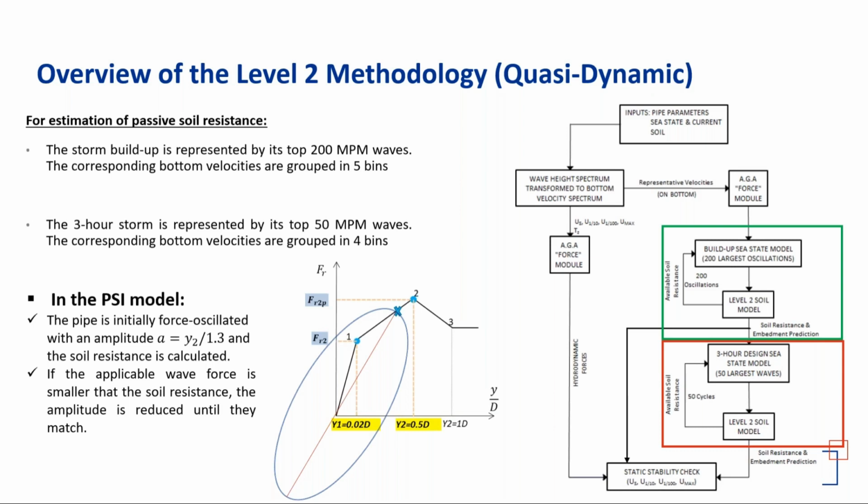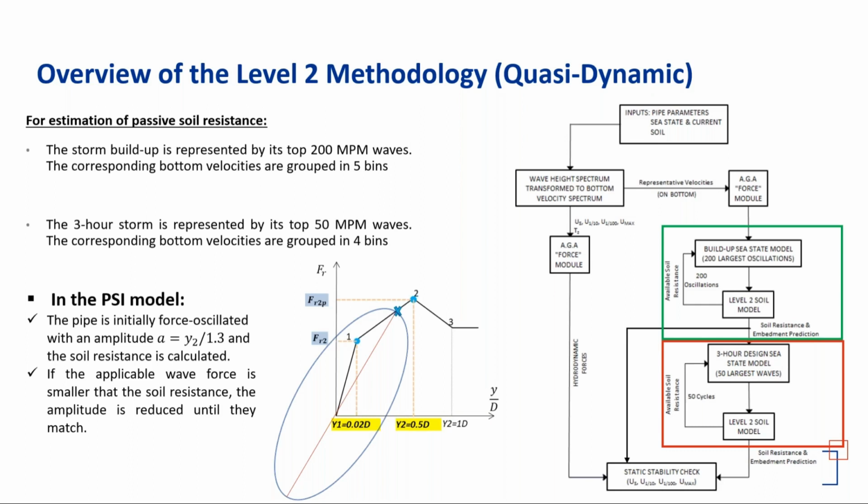At the end of 4 hours, which is done in the green box, the soil resistance and embedment is recorded, and at the end of 3 hours also recorded, and they are fed into the stability checkbox. And also the AGA force module is available when we need to calculate hydrodynamic forces. So that's the actual workflow of the level 2.